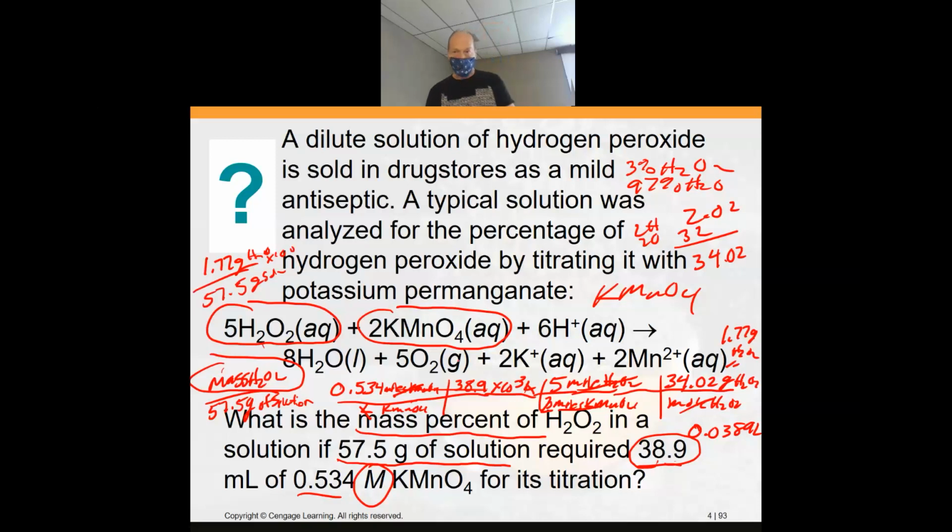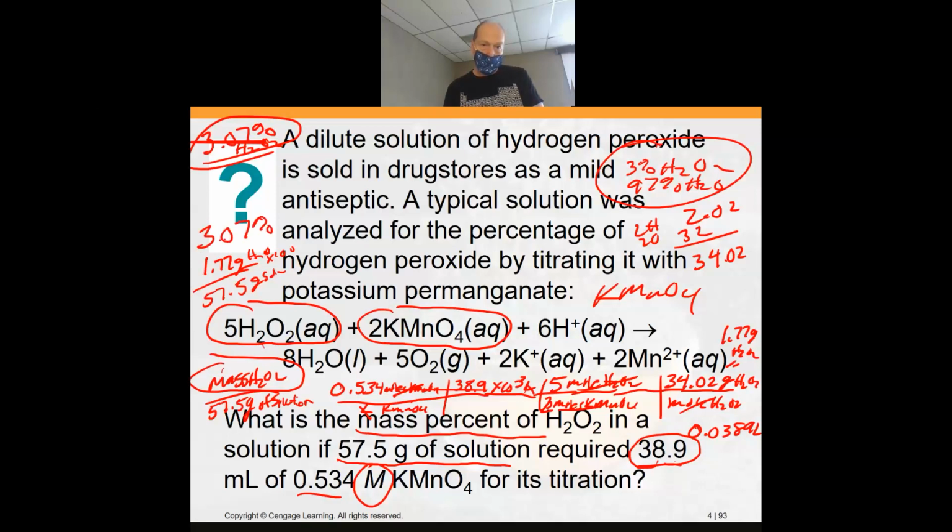So this is right off of the usual 3%. This is 3.07% H2O2. That is what you normally get on the shelf at any store.